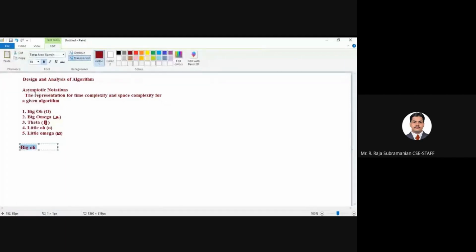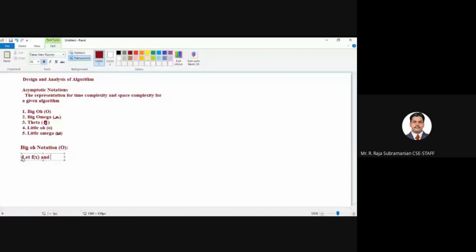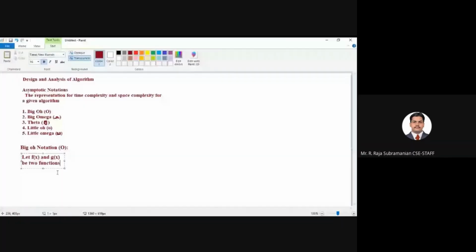Big O notation, represented as capital O. Now we need to understand this big O notation. Let f of x and g of x be 2 functions. This is what I'm taking.